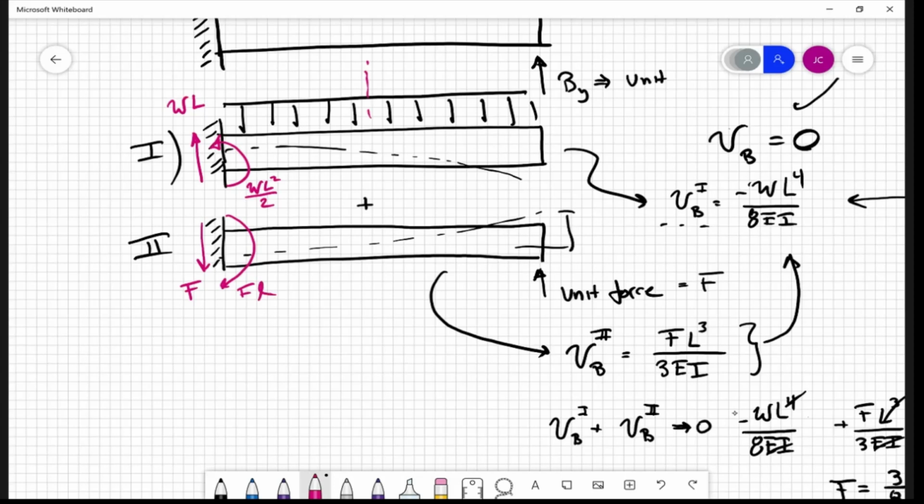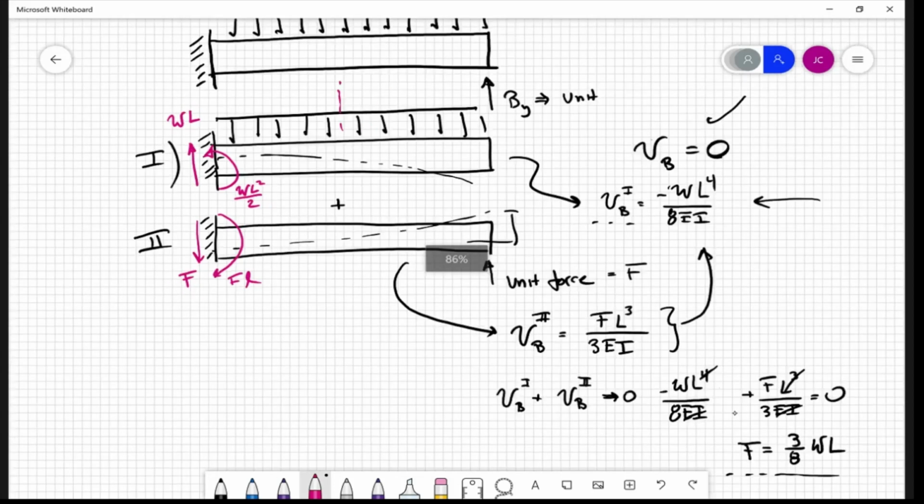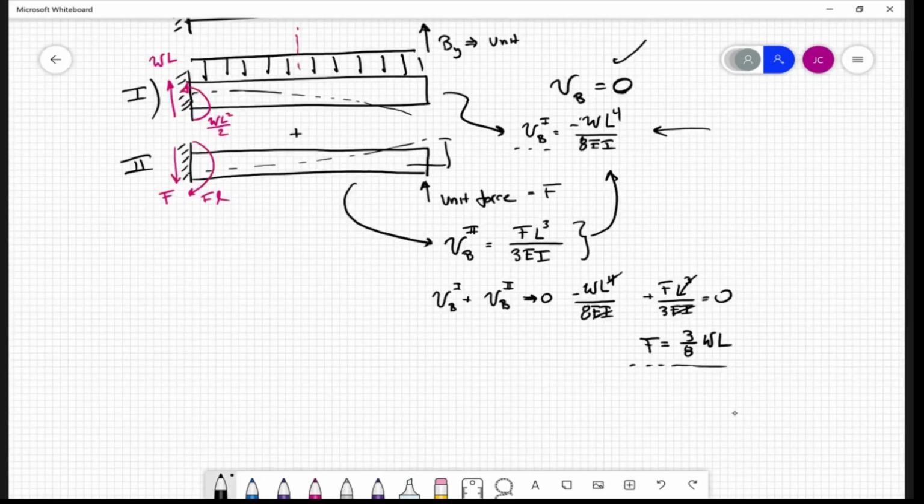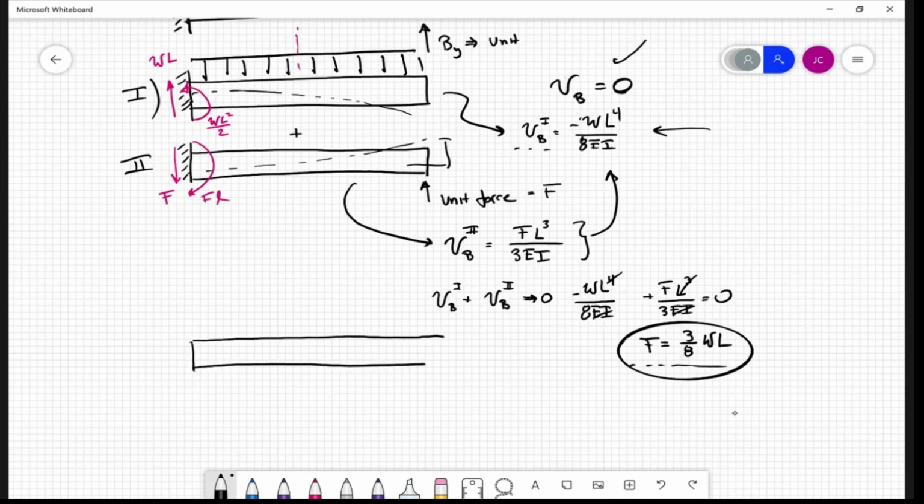All right. So now I actually know the reaction forces for the total case because it's these added together, remembering that F is 3/8 W times L. So actually, we've now solved for the reaction forces for this statically indeterminate case. Here we have the down force of W, the distributed load.